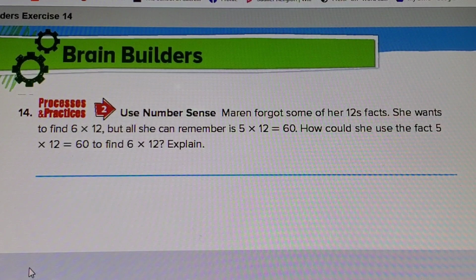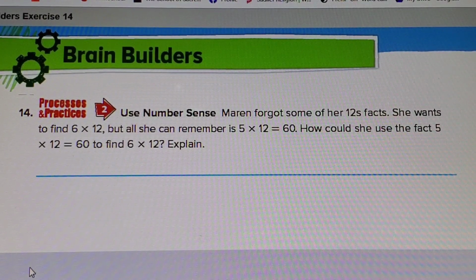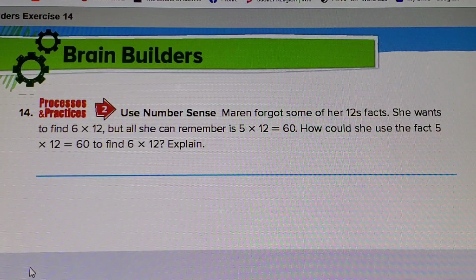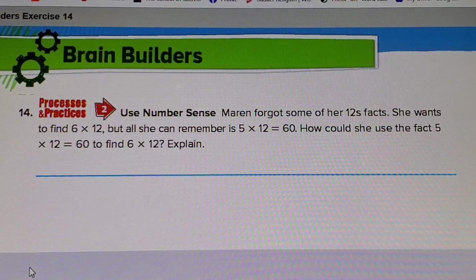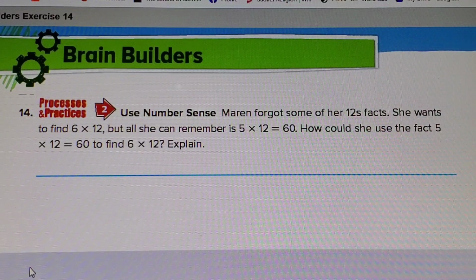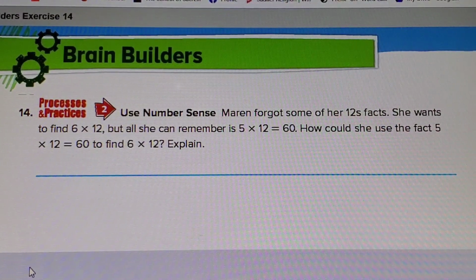Brain Builders, number 14, processes and practices. Use number sense. Marin forgot some of her 12 facts. She wants to find 6 times 12, but all she can remember is 5 times 12 is 60. How could she use the fact 5 times 12 equals 60 to find 6 times 12?